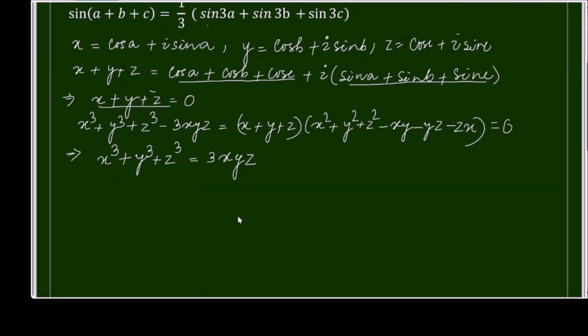Next, coming to how we are applying De Moivre's theorem. If x is a complex number, that is cos a plus i sin a, then from De Moivre's theorem we know that x to the power n equals cos n a plus i sin n a.